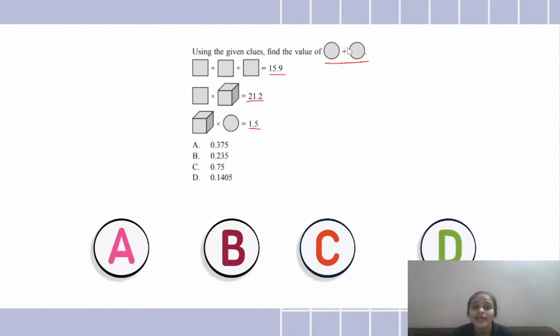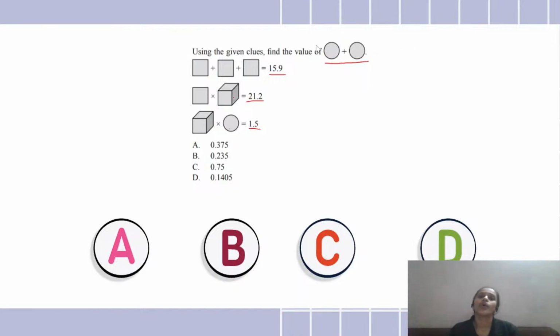What is the correct option over here? A, B, C or D?